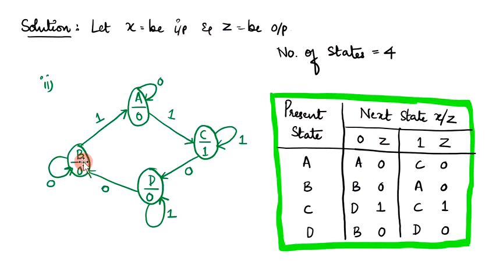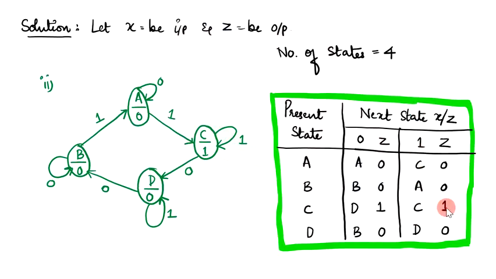You are in B and you move to A, the output is 0, input is 1. You are in C, you move to D with an input 0 and output 1. You are in C and you move to C itself with input 1 and output 1.